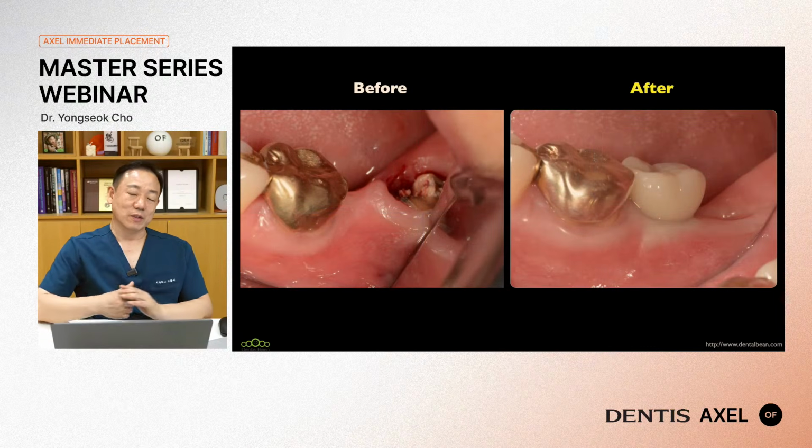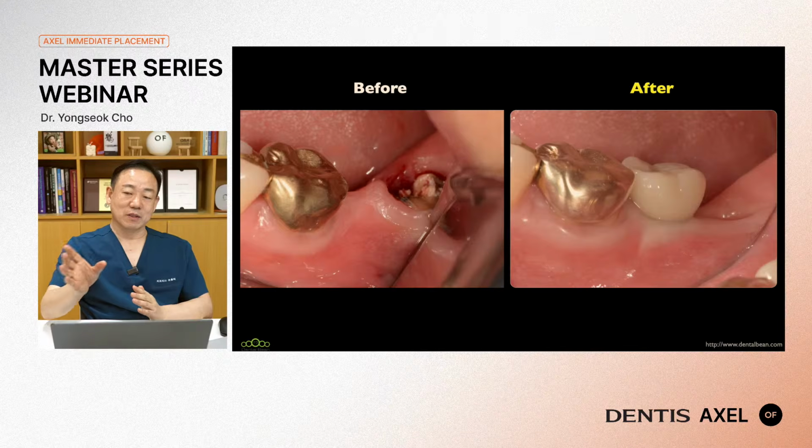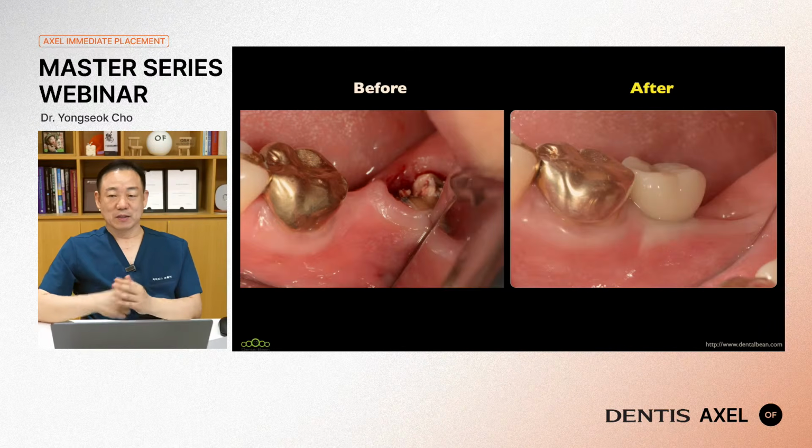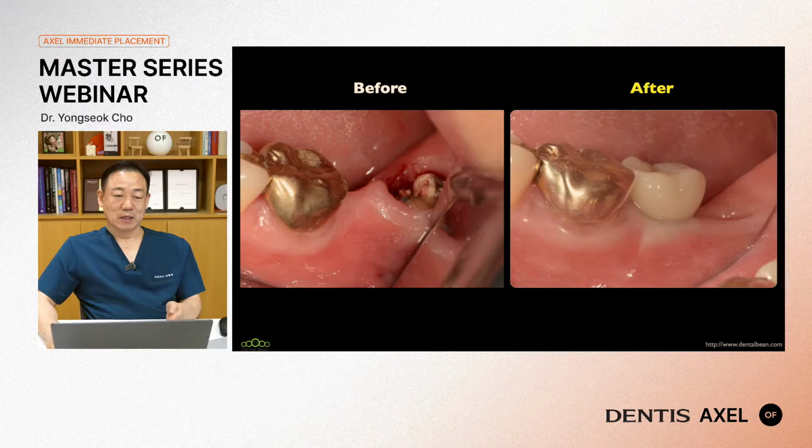So before surgery and after treatment, we can see the migration of keratinized tissue to the buccal side and apically. So it is not bad. Okay, with a simple way, we can increase the gingival zone and create a more favorable condition for maintenance.